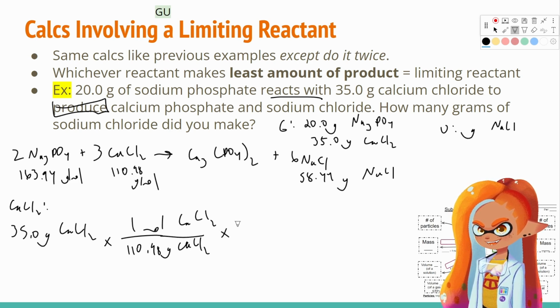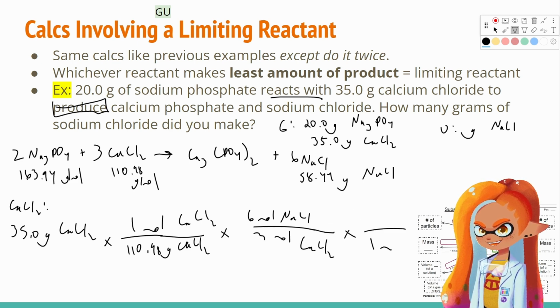And then I need to use the mole ratio. So I need 6 moles of NaCl, and then I have 3 moles of CaCl2. And then I use the molar mass of NaCl, so I have 1 mole's worth.